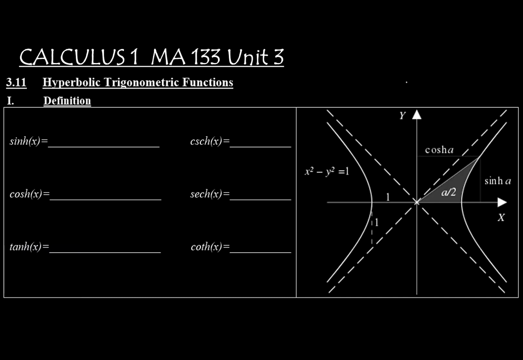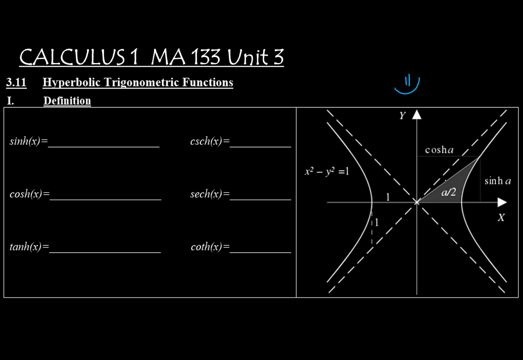If you look at this picture, you can see we have this hyperbola, a base hyperbola where x squared minus y squared equals 1. This reference angle right here is a over 2, and we have the sinh and the cosh.